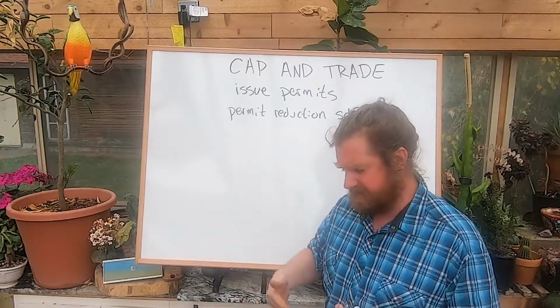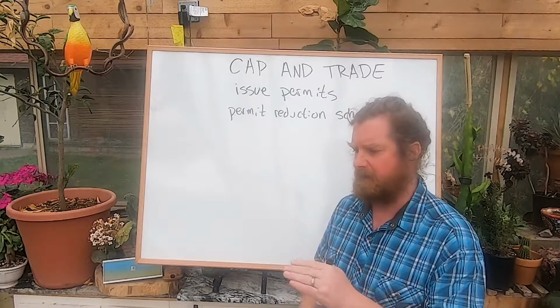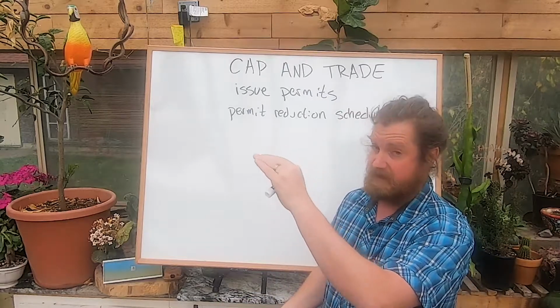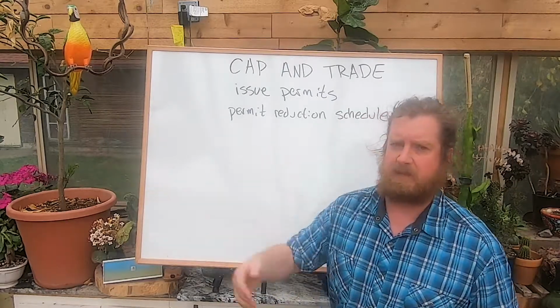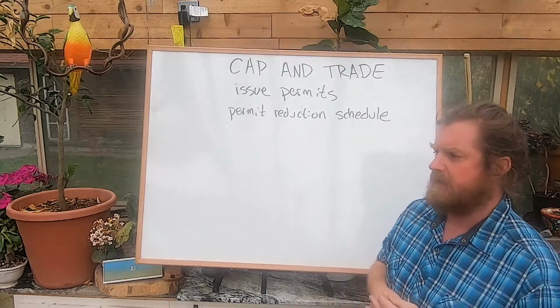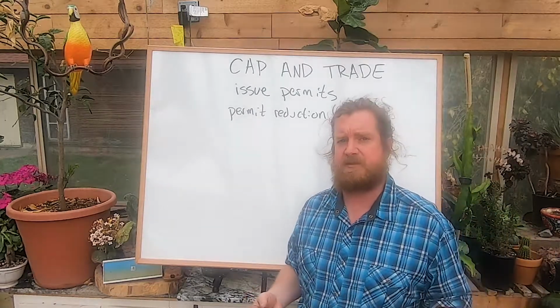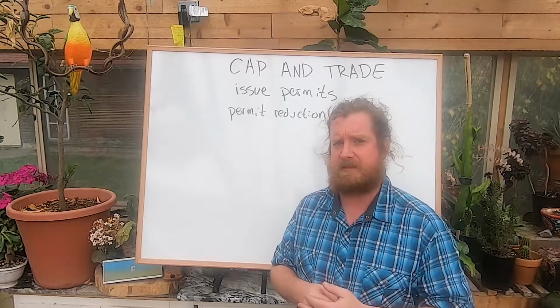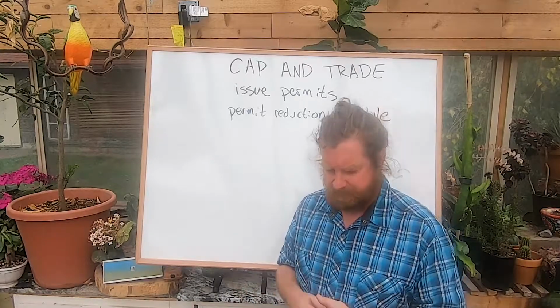You had invested to not need all the permits that you have, but the other companies, it's going to cost them a lot more. You can actually sell your permit at an elevated cost, which provides a revenue stream. So you can actually make money on this deal as a utility.